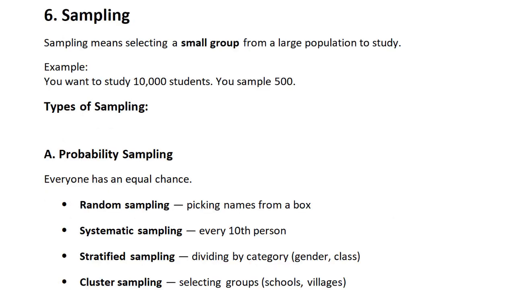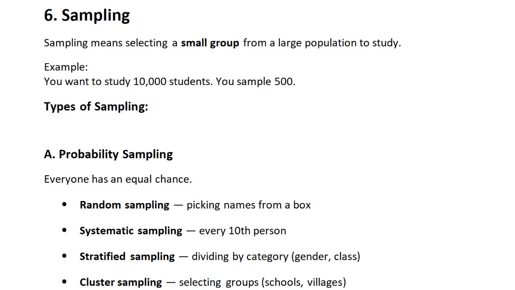Let us look at sampling. Sampling means selecting a small group from a large population to study. For example, you want to study 10,000 students. So you sample 500. Now what are the types of sampling? We have probability sampling. Here everyone has an equal chance. We have 4 types of sampling.